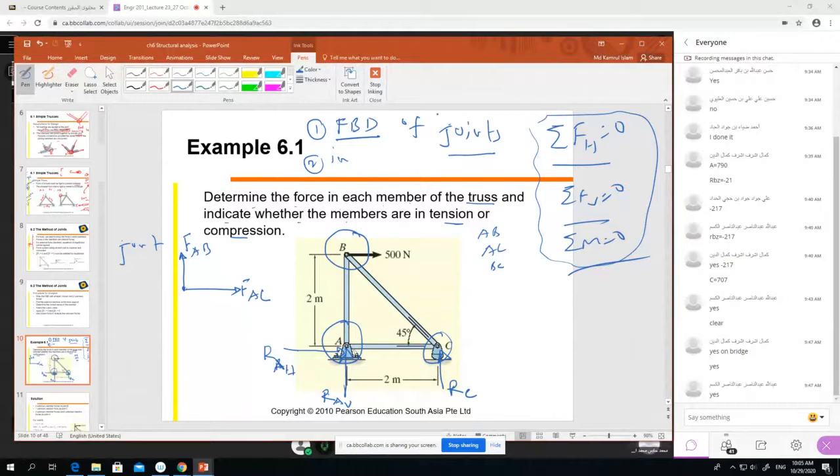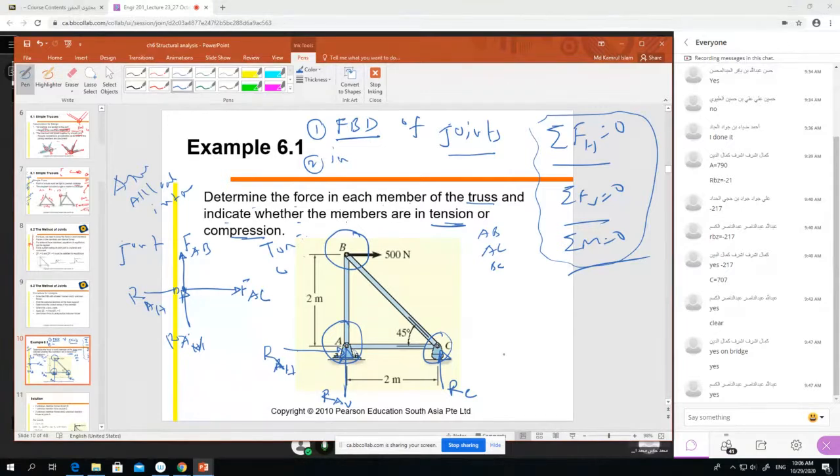Now again, listen carefully. We don't know whether it is tension or compression. So before solving the problem, we don't know if it is tension or compression. What to do? We assume first. We assume all are in tension. Okay, all tension. So in the free body diagram, we draw RAH, and it is F_AB and RAH.